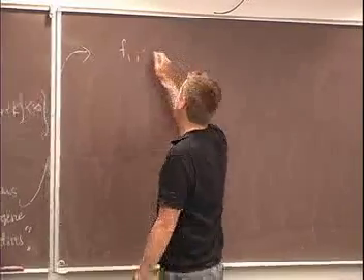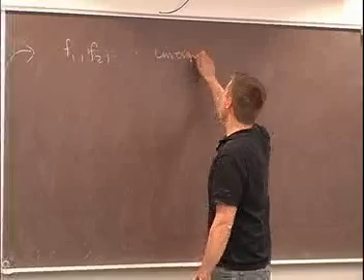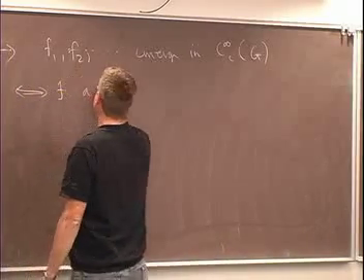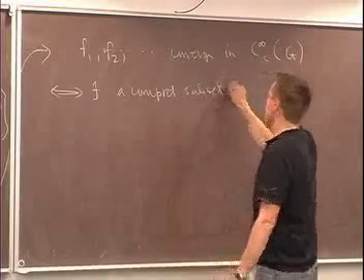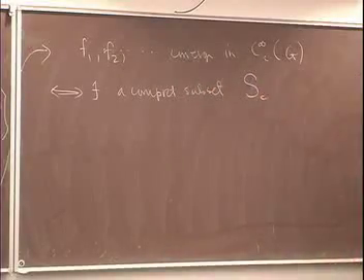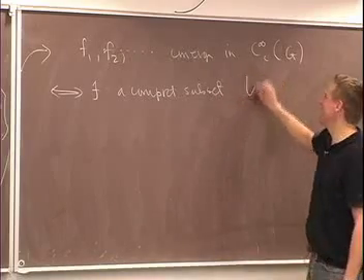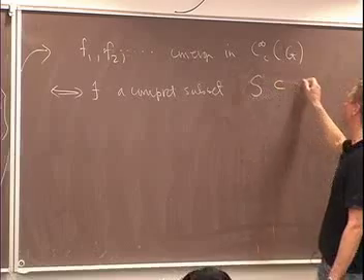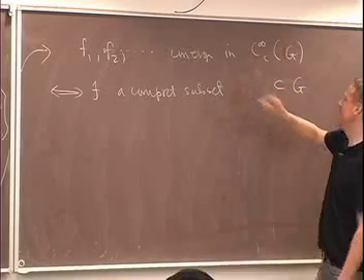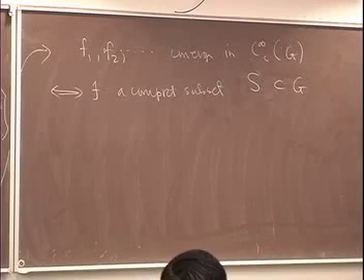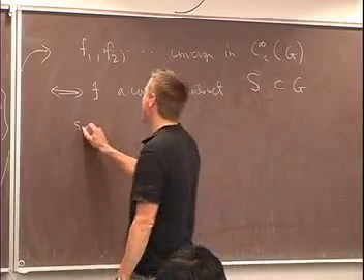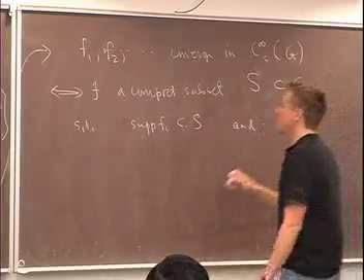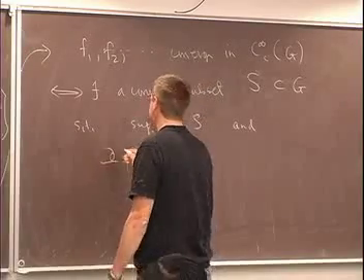F1, F2, and so forth converge in C infinity of G if and only if there exists a compact set, I won't call it K, I'll call it S, in G, such that the support of Fi is all contained in S, and, well, I'll write it somewhat imprecisely.